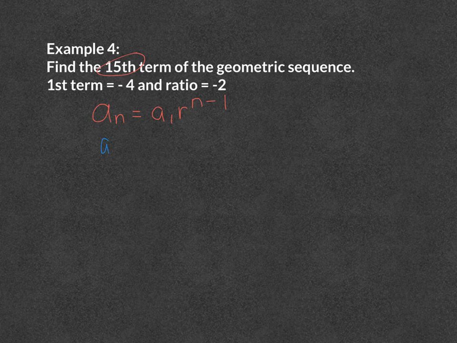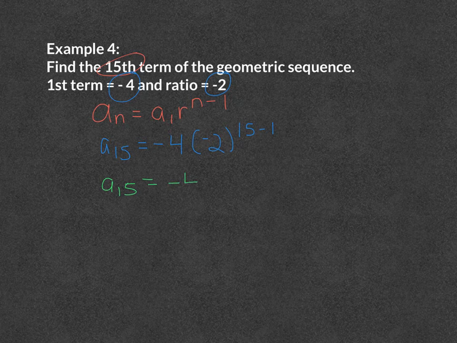That'll be a sub 15 equals a sub 1 is the first term, which is negative 4, times r, which is the ratio, that's negative 2, and then n is the number of terms. We know there are 15 terms, minus 1.